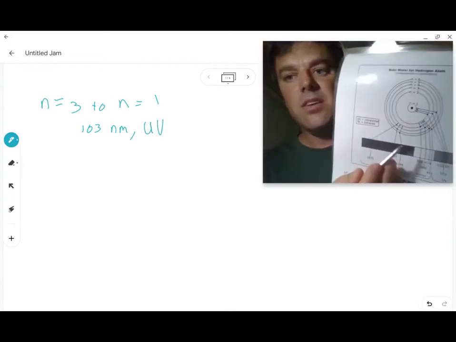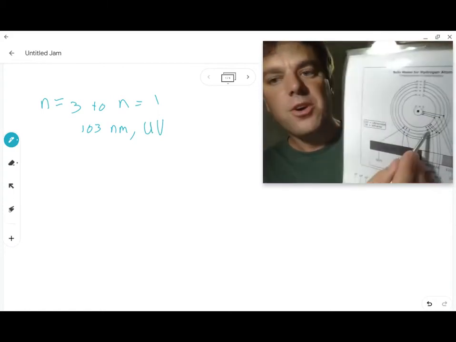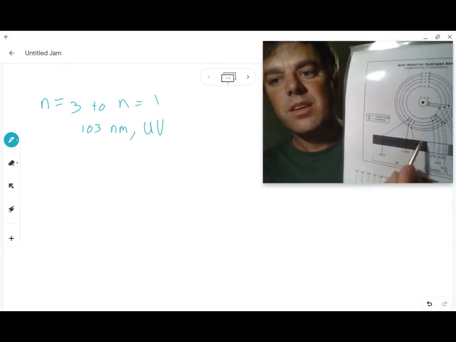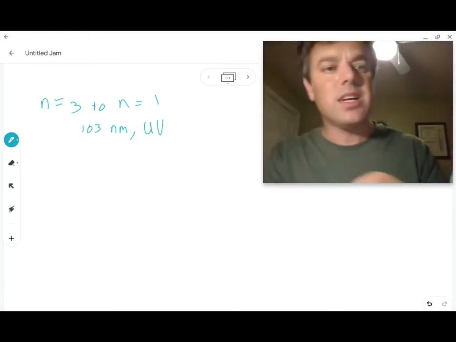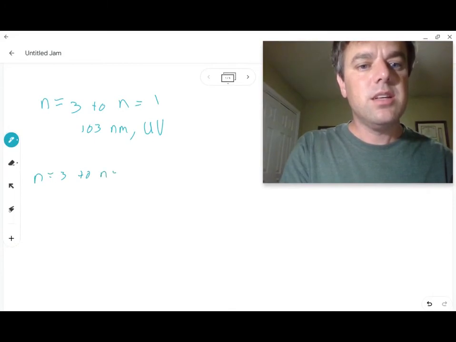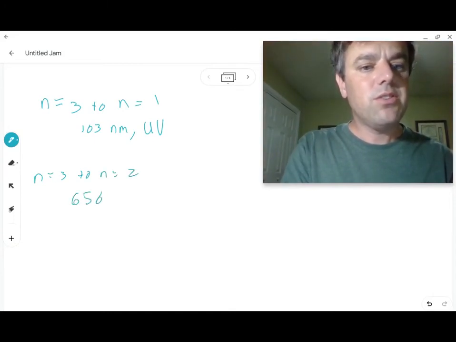On the other hand, if it goes from the third energy level to the second energy level, that's 656 nanometers. So if it goes from n equals 3 to n equals 2, that is 656 nanometers, which is visible light.